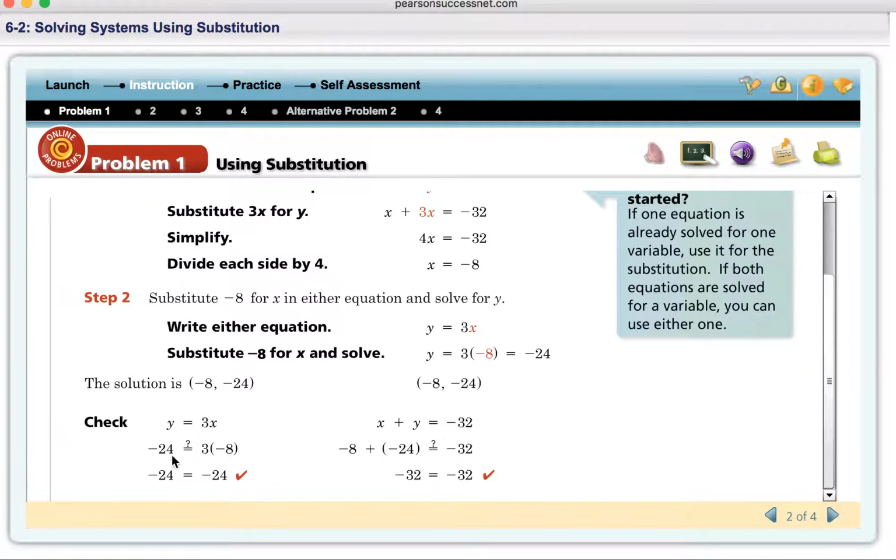Is it true that negative 24 is equal to 3 times negative 8? Yes, because they're both negative 24. And in this equation over here, x is negative 8, y is negative 24. Is it true that negative 8 plus negative 24 is negative 32? It is. So this is the first example of using substitution to find the solution.